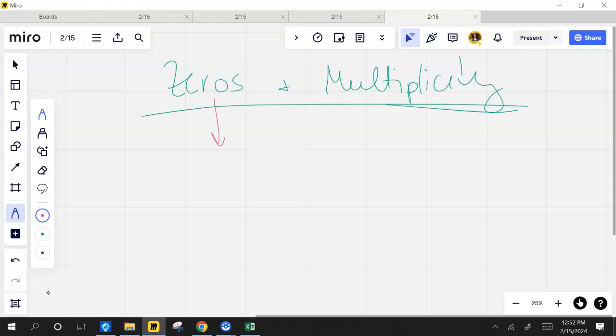That's exactly right, where it crosses the x-axis. Also called x-intercepts. What's something else we call them? Solution. That's okay.